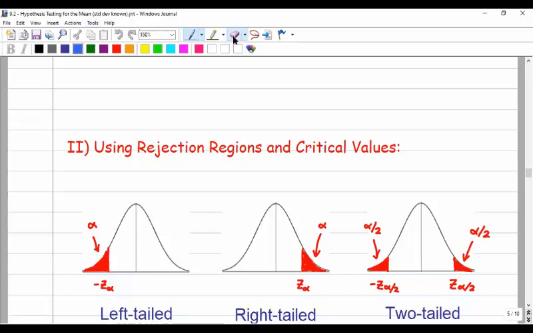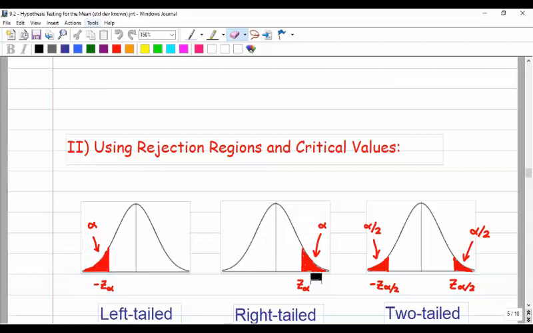Now, using p-values, that shaded area was the p-value. Now it's no longer the p-value. On a left tail test, the shaded area is the alpha, whatever the level of significance is. And then this z-value, which will be negative, corresponds to the value with that area to the left.